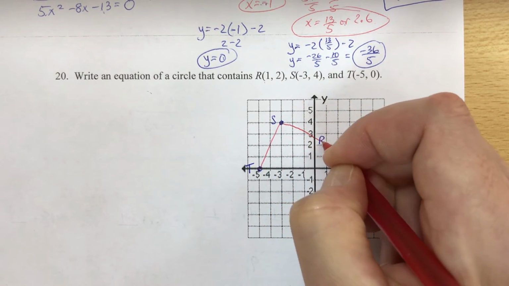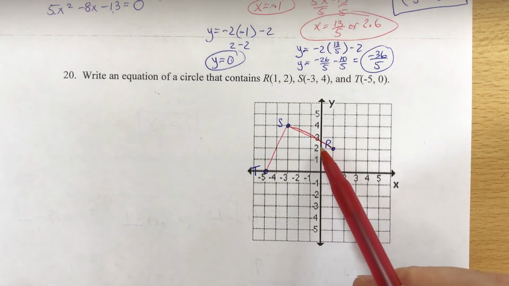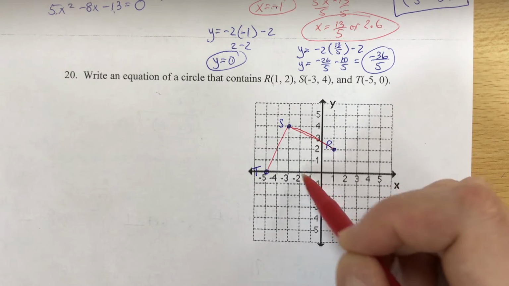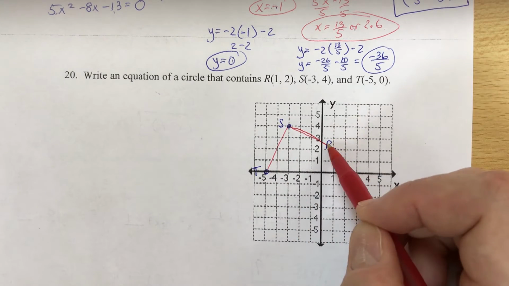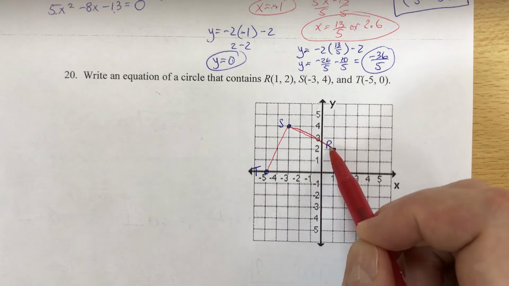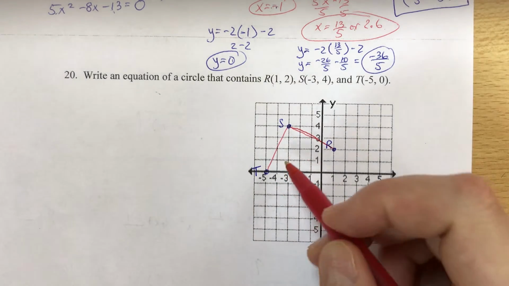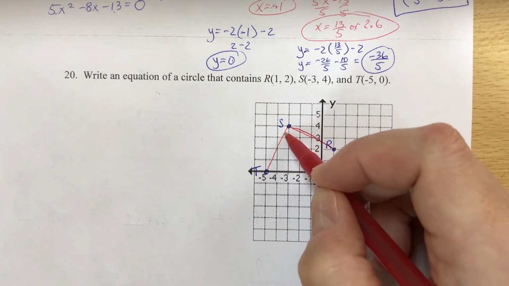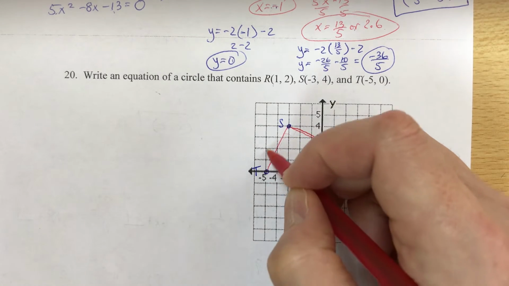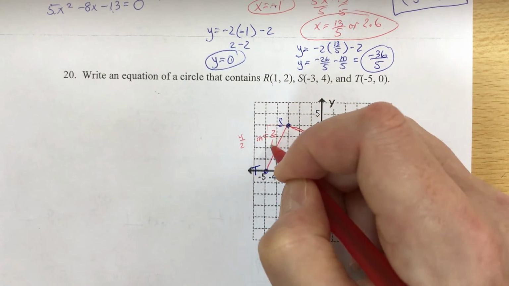If I connect these 3 points, the center of the circle is somewhere over here, because these are endpoints on the circle. I'm looking for the point that's the same distance from r and s and t. But one thing that's going to happen if I look at slope, this kind of looks like a right angle, angle S. And if I count slope, that's 4 over 2, which is 2 over 1.